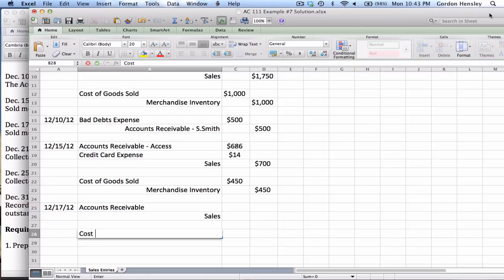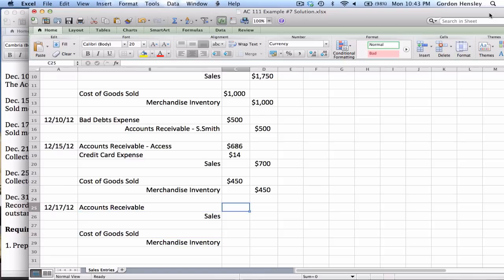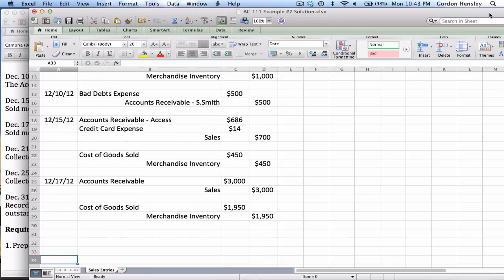And then we'll debit the cost of goods sold and credit merchandise inventory. It says that it was sold for $3,000 and the cost was $1,950. So that takes care of that transaction on the 17th.